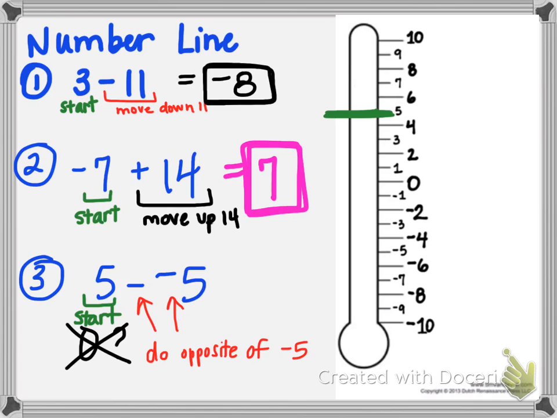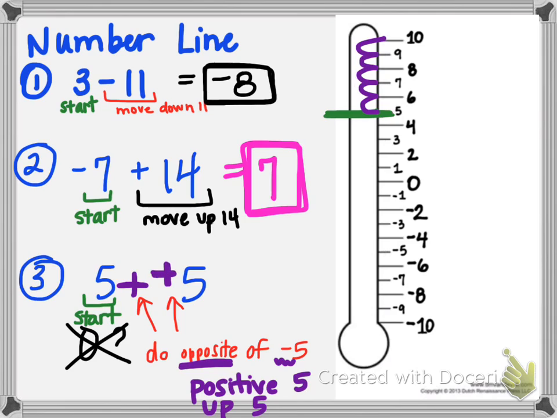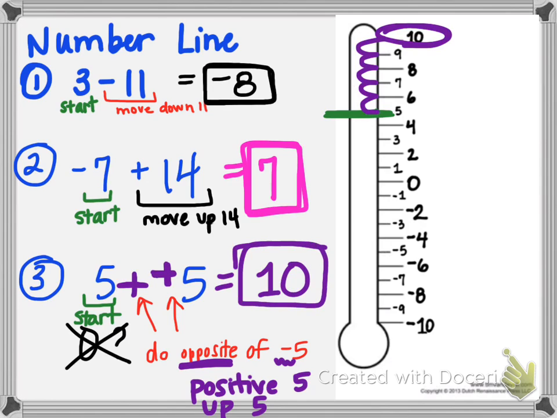So if it's minus a negative, the opposite of a negative would be a positive. And if I'm doing positive 5, I'm going to go ahead and write that as plus a positive. And if it's plus a positive, that means move up 5 instead. So from my starting position of 5, move up 1, 2, 3, 4, 5. And my final answer would not be 0. It would actually be positive 10.